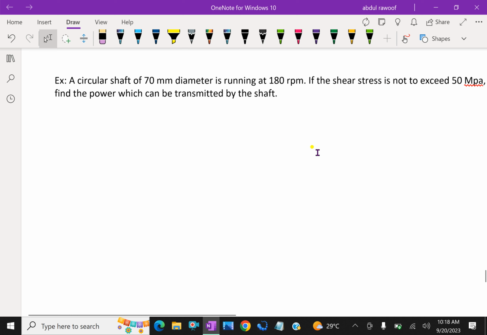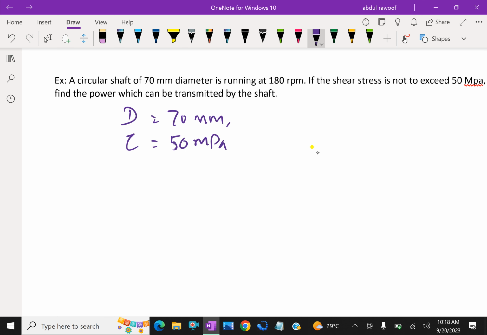Here the given things: diameter 70 mm and shear stress is 50 MPa, which is equal to 50 Newton per mm square. Then rpm N equals 180 rpm.